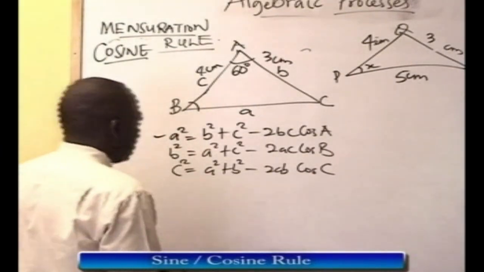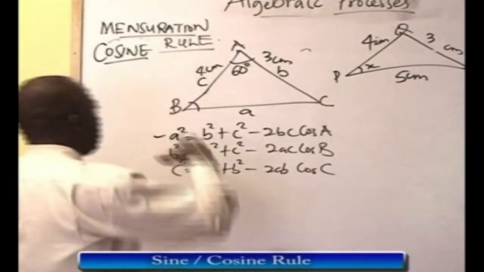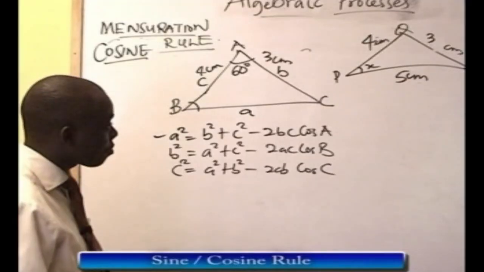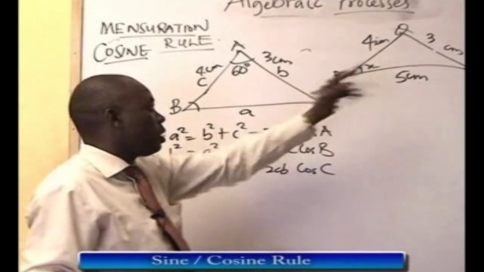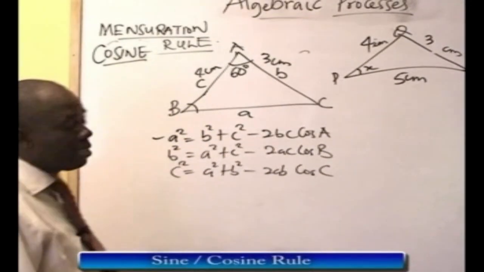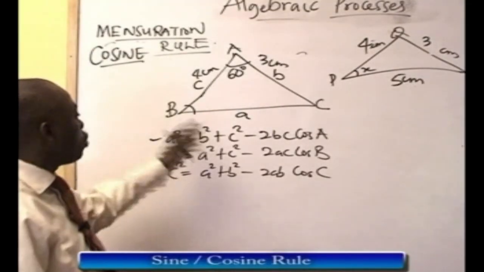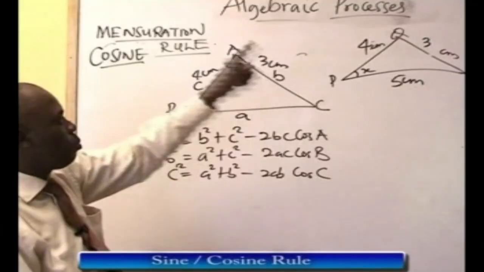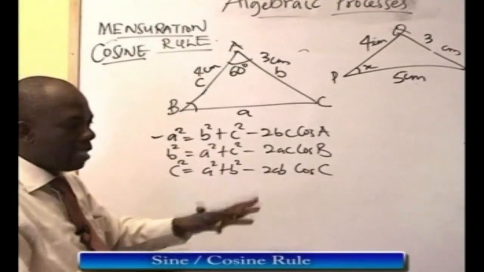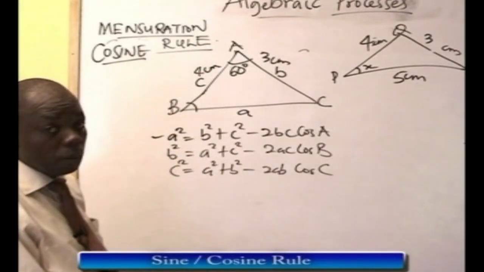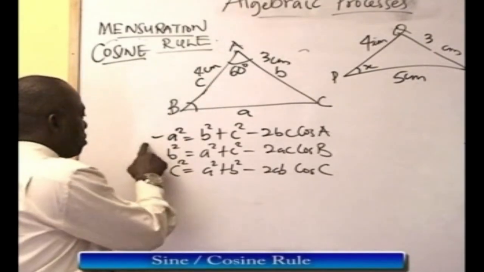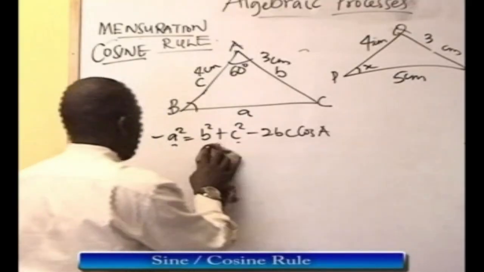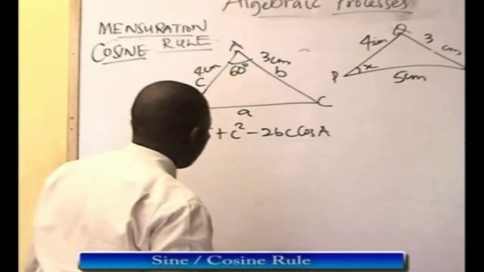If you do not see A, B, C, you shouldn't say, oh, it's not the cosine rule. Look at this one, PQR. Does that mean we cannot use the cosine rule on it? No. Just know where to put small p, small q, small r. Once you have that all together, you're not going to have a problem. We have chosen the first one because it suits the arrangement we have on the board.